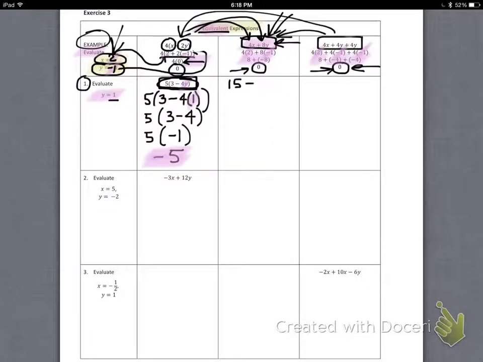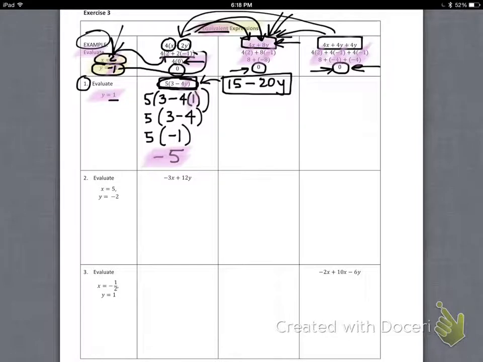And then we're going to subtract 5 times 4y, which is going to be 20y, okay? All right, so 15 minus 20y is the first expression distributed, but this is going to yield the same answer. It is equivalent to this one, okay? It's an equivalent expression, all right?